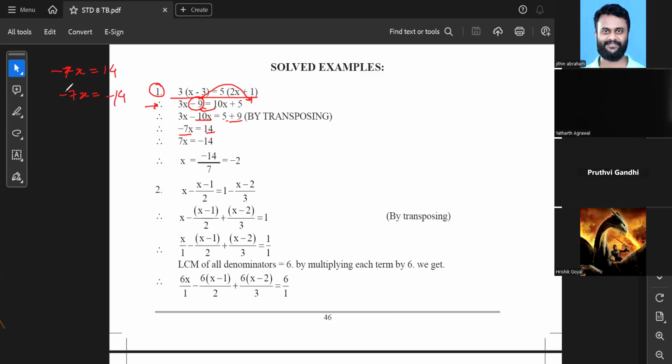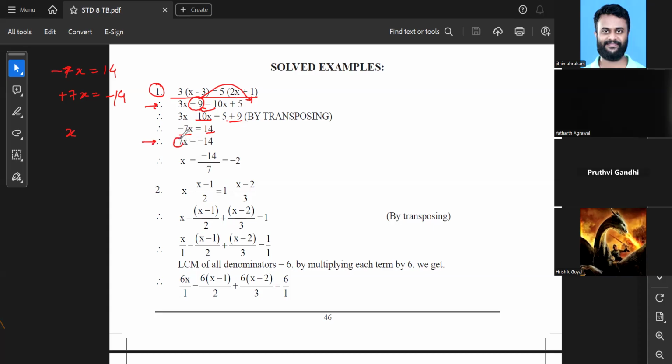So if you are removing the negative sign from here, the left hand side will become positive and the right hand side will become negative. Just a minute. So right now you have 7x is equal to minus 14.